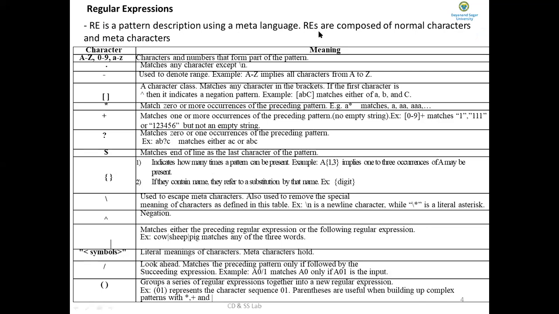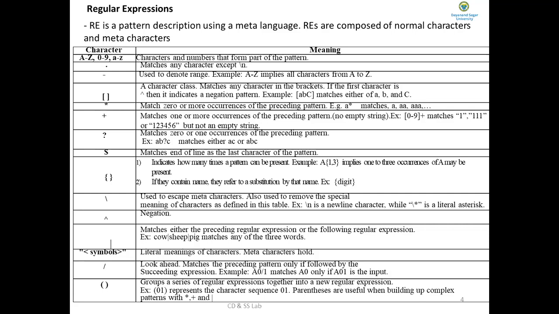And regular expressions are composed of normal characters and meta characters. You already know the meta characters from the Unix course. Meta characters are like star, plus, square brackets, question mark, dollar, curly braces, and so on, the cap symbol, parenthesis. These are all the meta characters.